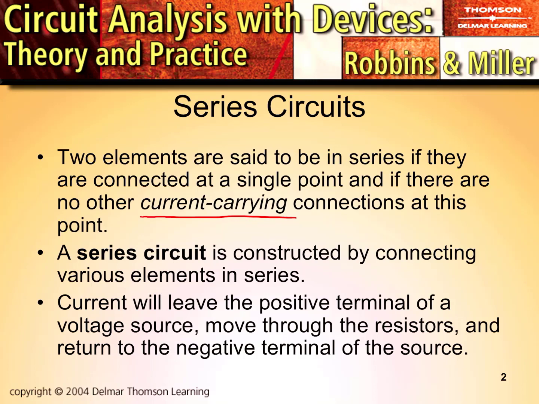A series circuit is constructed by connecting various elements in series. Current will leave the positive terminal of the voltage source, move through the resistors, and return to the negative terminal of the source. So we know that that is our conventional current.